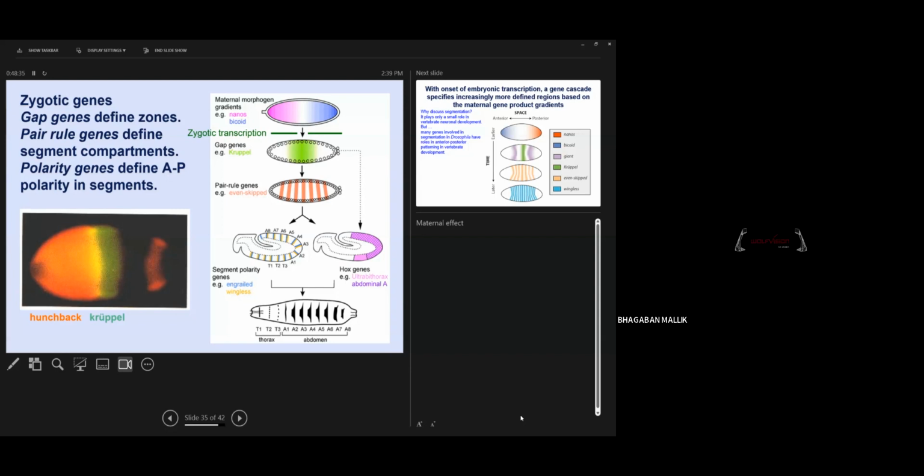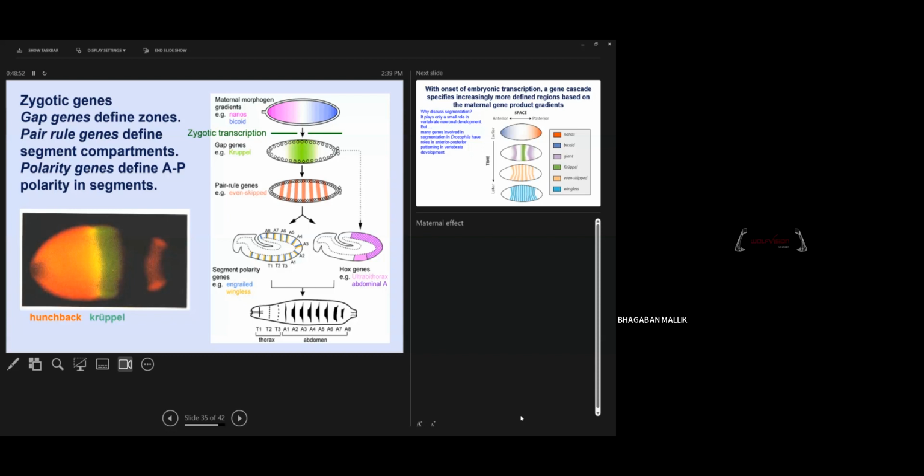So if you go over this slide, you can remember which genes are carried over from the maternal animals, and which are actually transcribed during zygote development. Those are called zygotic transcription.